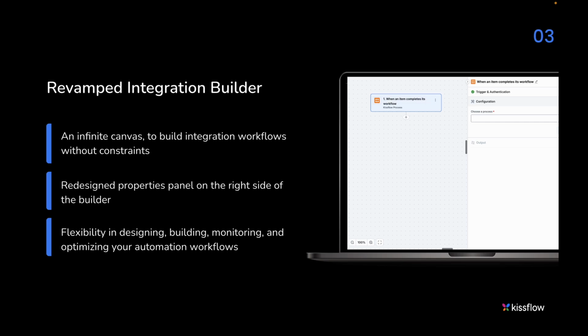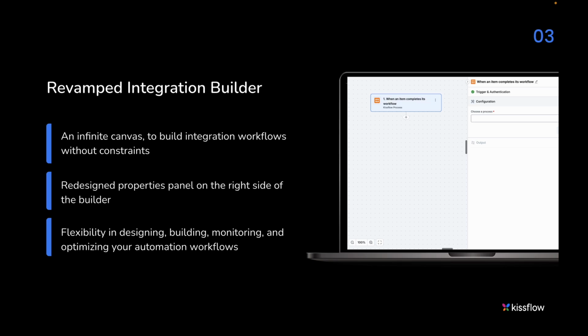So the revamped integration builder comes with an infinite canvas. You can create your integration workflows without constraints. We've moved the property panel to the right side of the builder. I'm going to show it to you in a couple of seconds, and you might have already seen this, so I'm just going to give you a little bit of a refresh as to how the new revamped builder looks like.